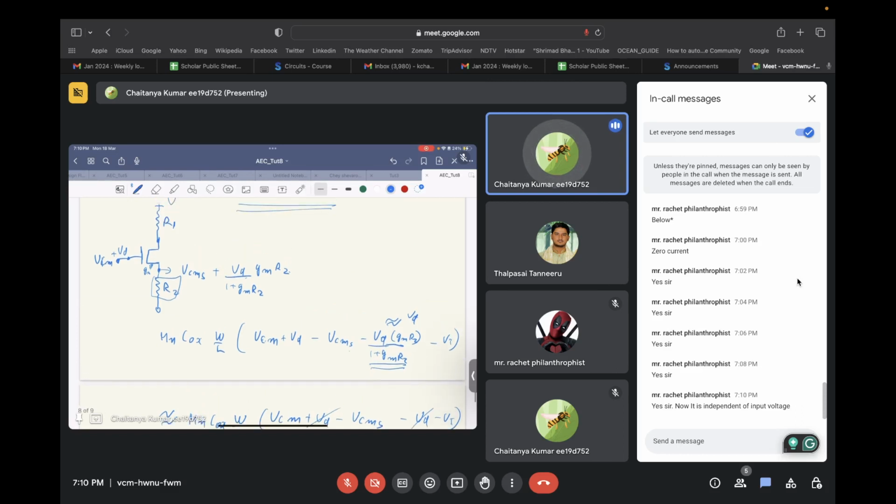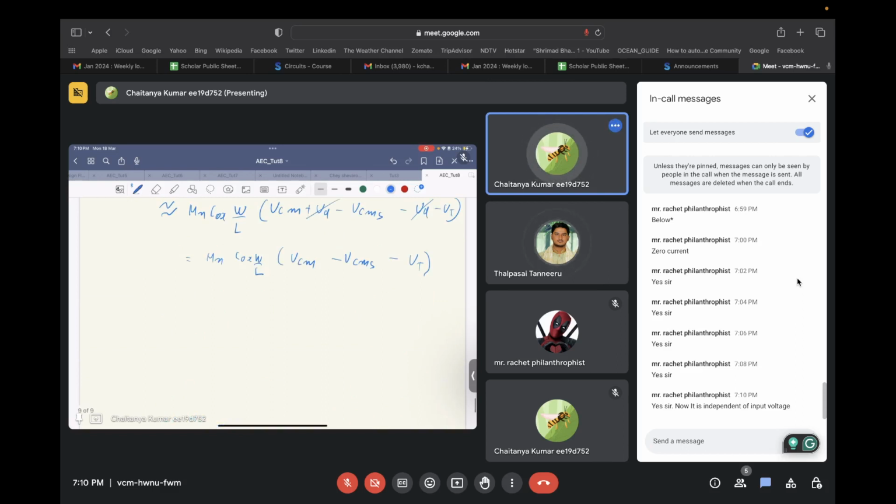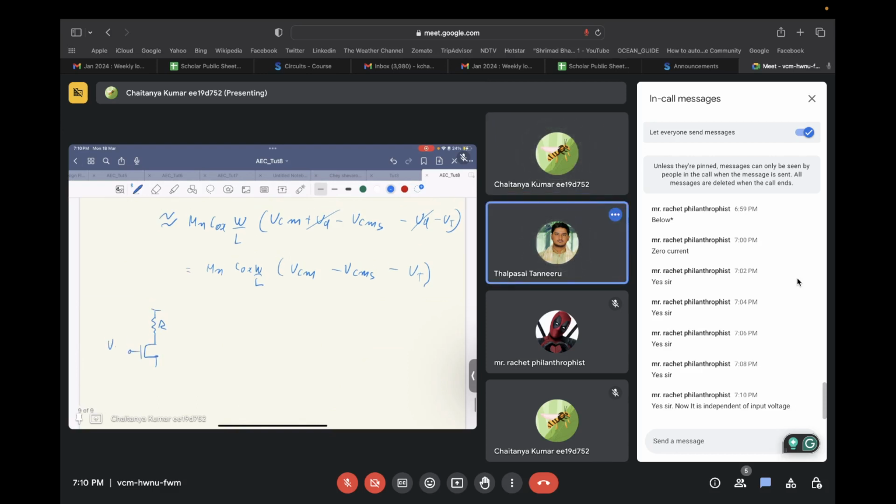So let's say I wanted to implement it in a differential pair. How will I implement it? We will have R over here. We will have VCM plus VD over here.